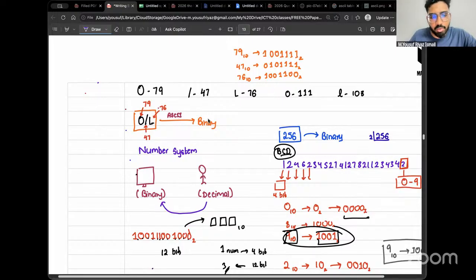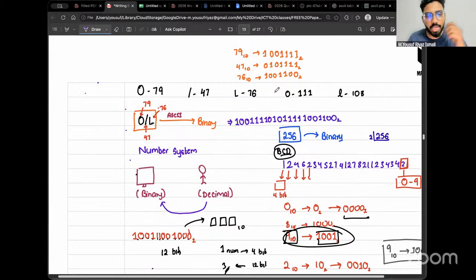So if you are representing all in binary, first of all the value of O is 1, 0, and 4 ones. And slash, that's equal to 0, 1, 0, 4 ones. And 76 in binary, that's equal to 1, 0, 1, 1, 0.